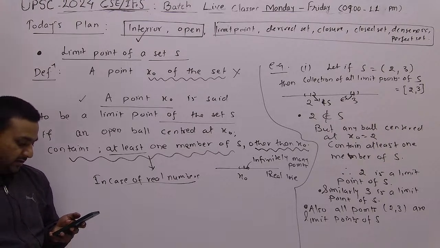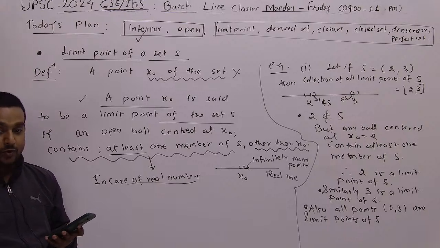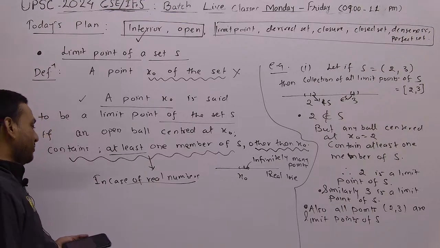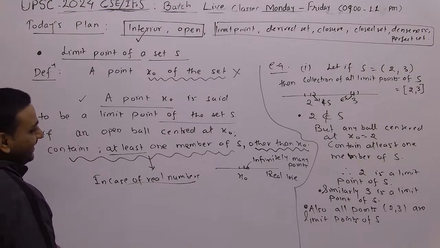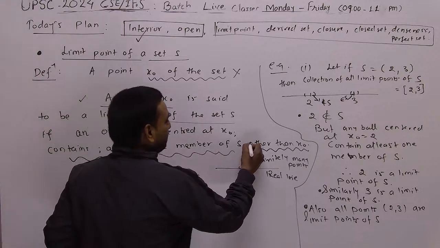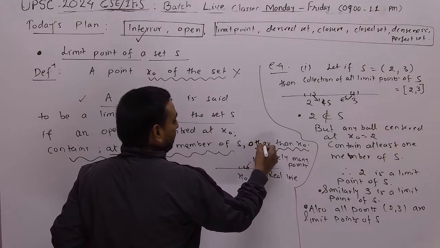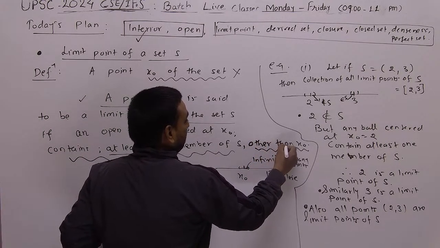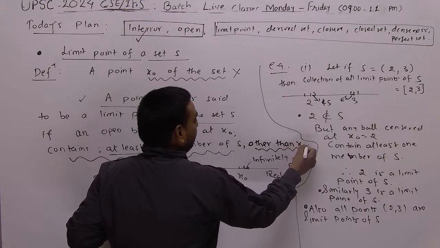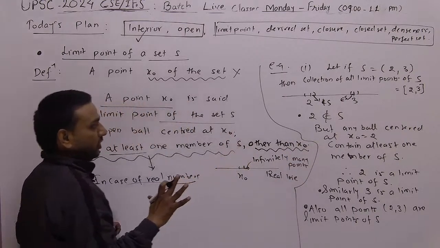So here other than x naught means excluding x naught. Yes, Shibu Jaishwal. हाईलाइट कीजिए उसको पूरा एकदम मजे के साथ हाईलाइट कीजिए. Other than x naught, please highlight. Excluding x naught.